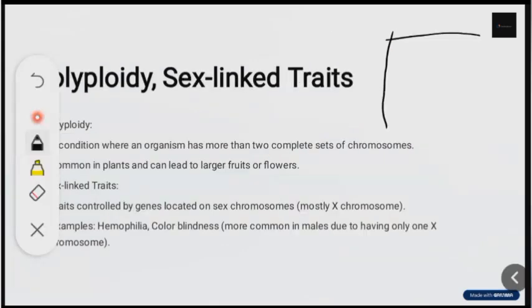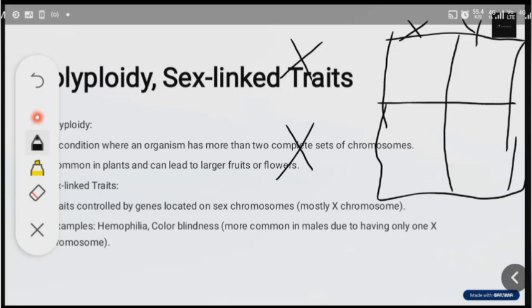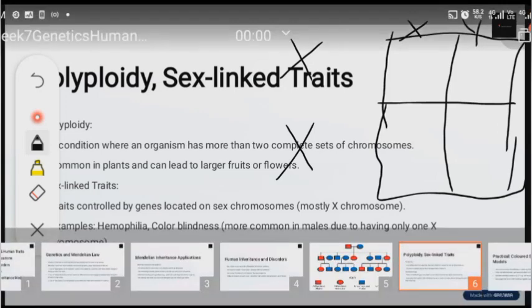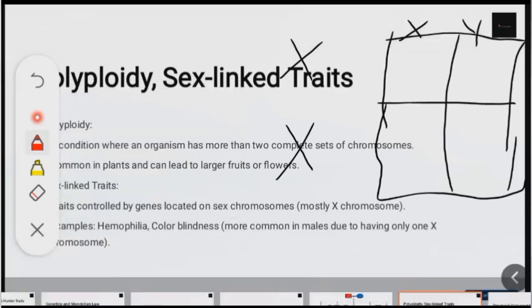So this is our Punnett square. Then we have X and Y. So here we see that the woman is normal, right?